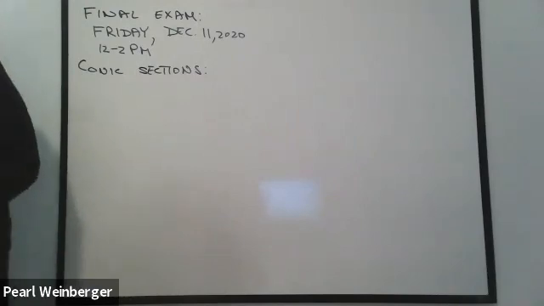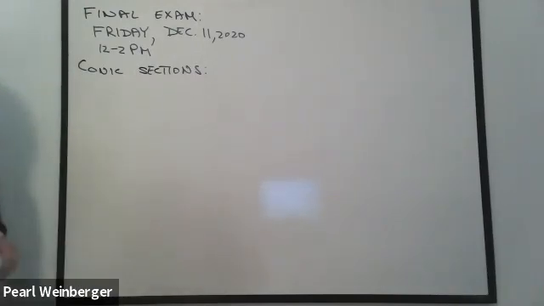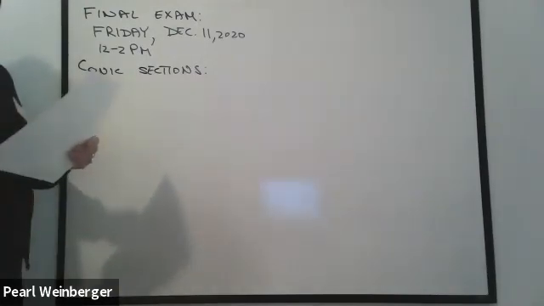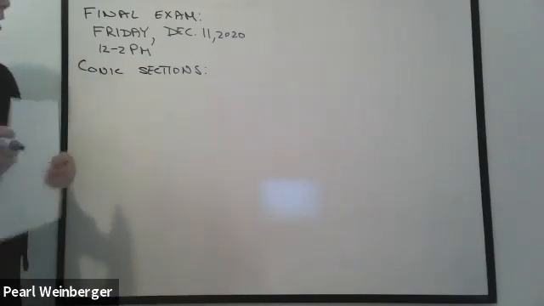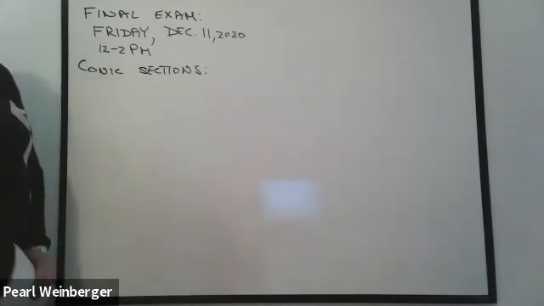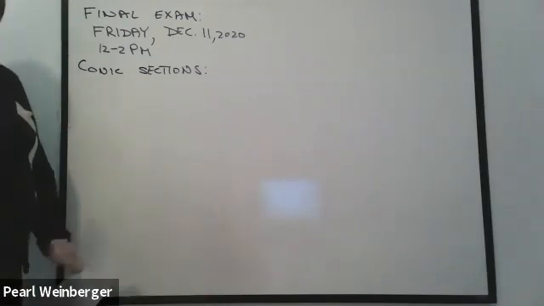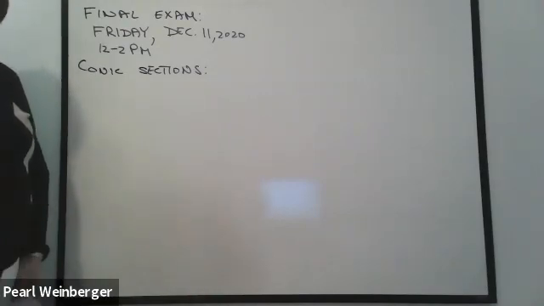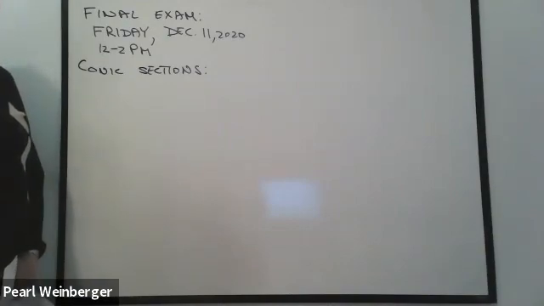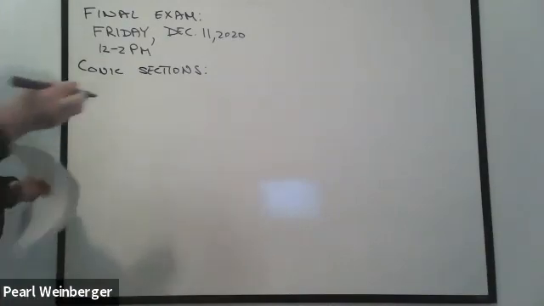So I'm going to write down 4 questions on conic sections. Then I'm going to stop and start taking attendance, and while I'm taking attendance, you can be working on these problems.